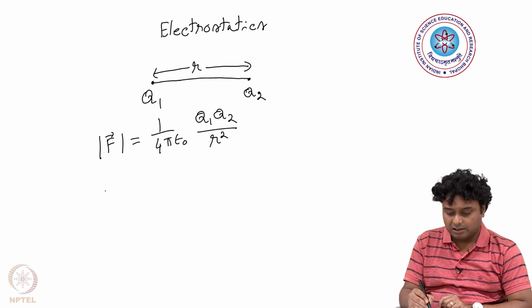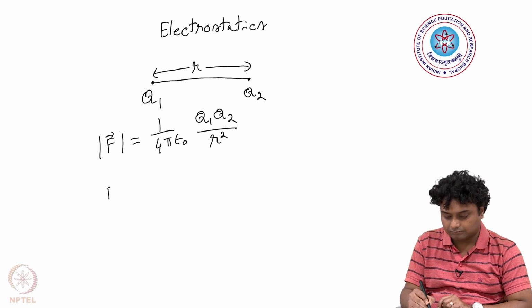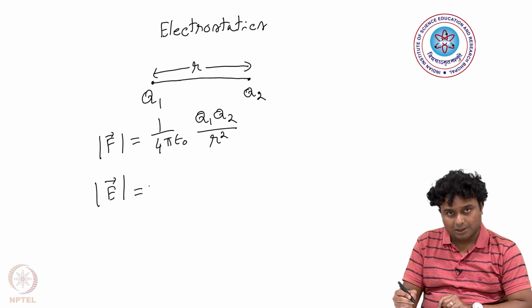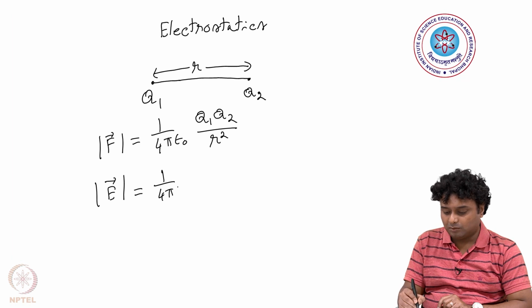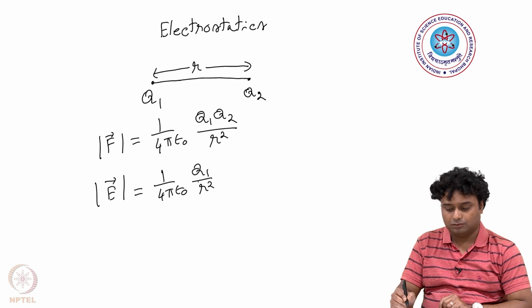So the electric field on Q2 because of the Q1 charge is 1 by 4 pi epsilon naught into Q1 by r square. So this is the electric field.